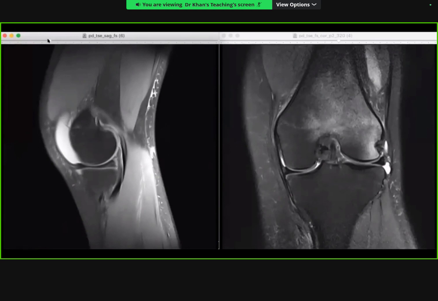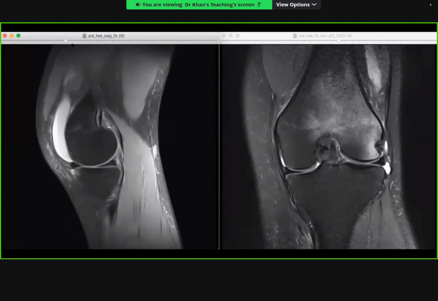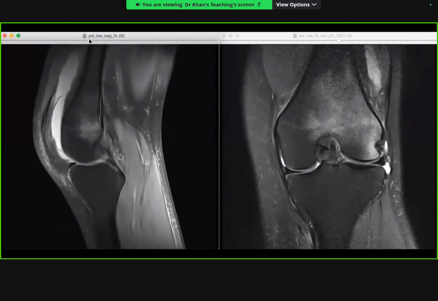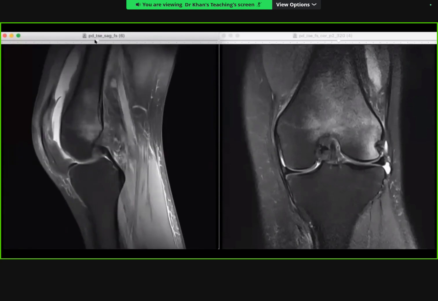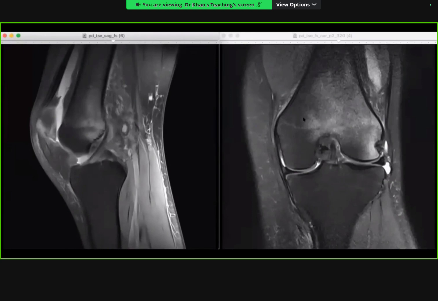I think it just might be some mucoid degeneration. So in essence, there is some marrow edema on the posterior aspect of the femoral condyle, and I believe there's an abnormality at the femoral attachment site of the PCL as well.